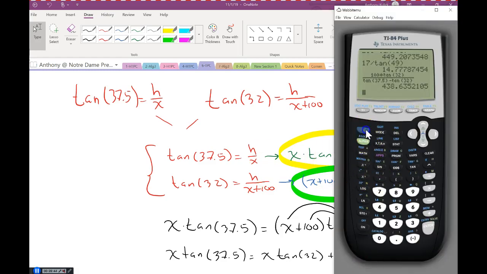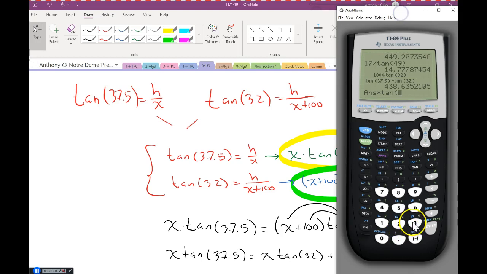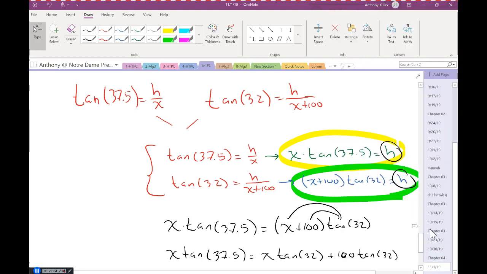So I'm going to do x times tan of 37.5. So the height is going to be 336.58. Everybody okay with that?